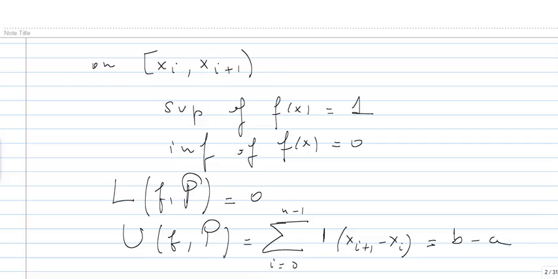Obviously, because these numbers are independent of the partition, the supremum over all the partitions will give you 0. That's the lower integral.